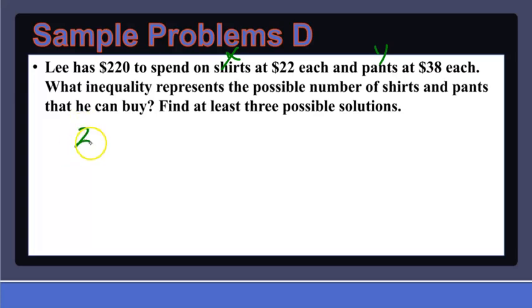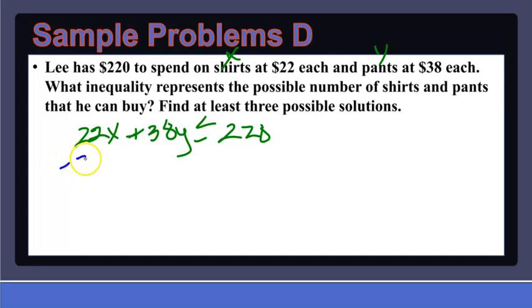So that would be 22x plus 38y, and it has to be less than or equal to 220. It can equal it because he has $220 to spend, but he can't go more than that, but he can spend less than that.